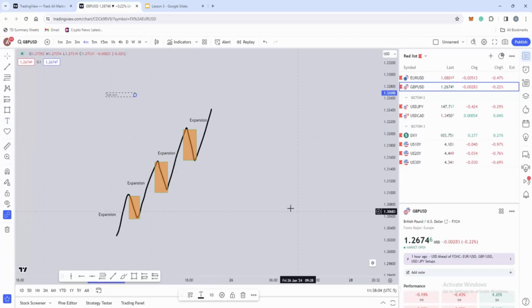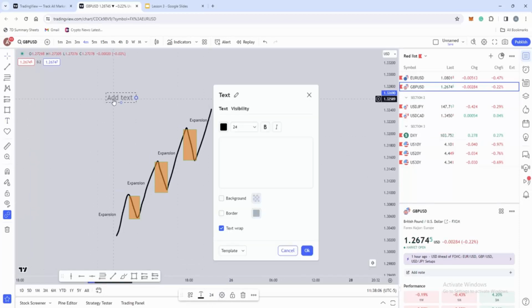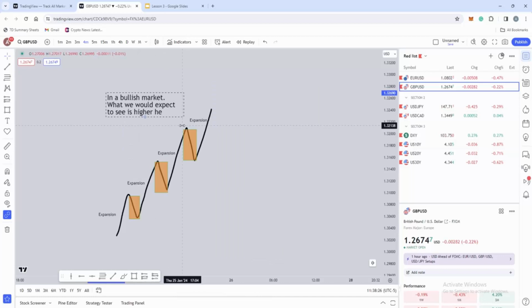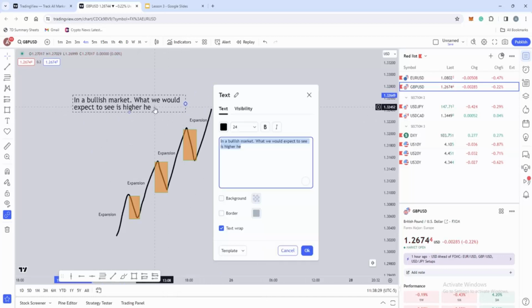So in a bullish market, what we would expect to see is higher highs with each expansion, and a higher low with each retracement.